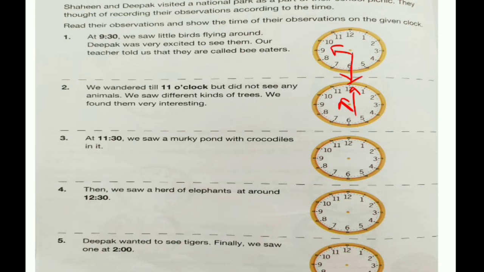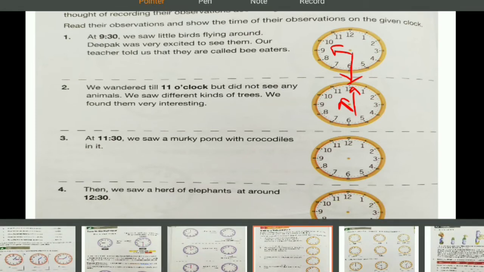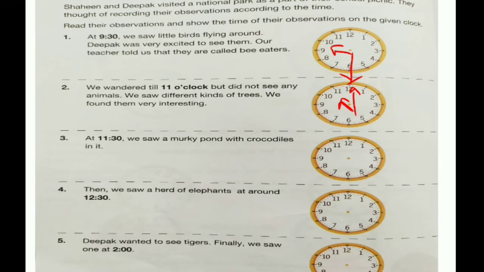It is caused by tiny particles of waste suspended in pond water. Okay. Now at what time have they seen it? They saw it at 11:30. Then we have to draw here 11:30. As I just told you, the short hand is in between 11 and 12.